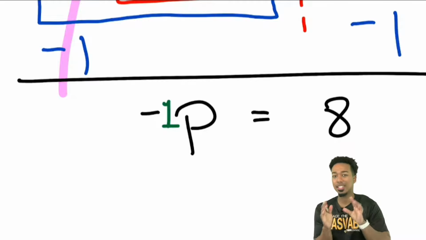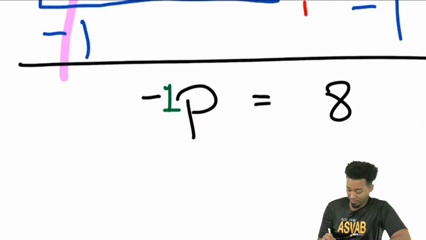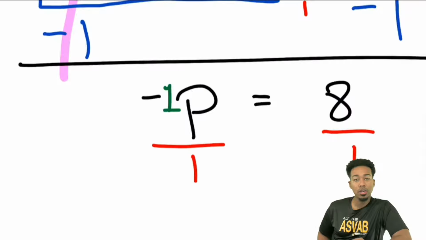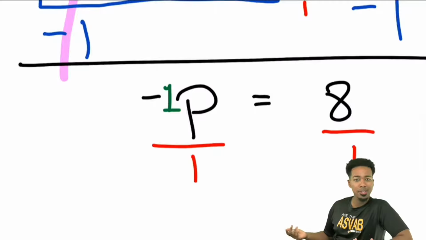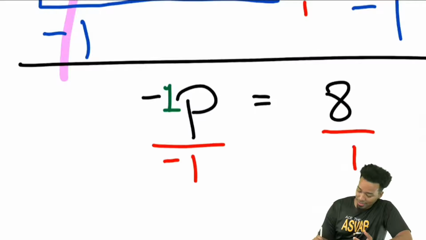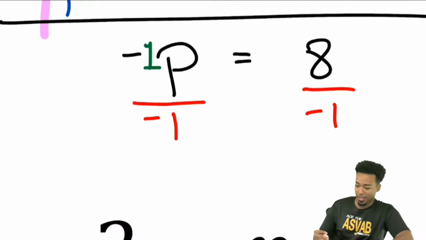Everyone, think about it like this. If we just divide 1 on both sides, that's not going to work. Because if I just divide by 1, sure, that'll cancel the 1 out, but notice how the negative is still going to be there. The negative doesn't cancel. That's why you have to divide by the negative to get rid of that negative there.